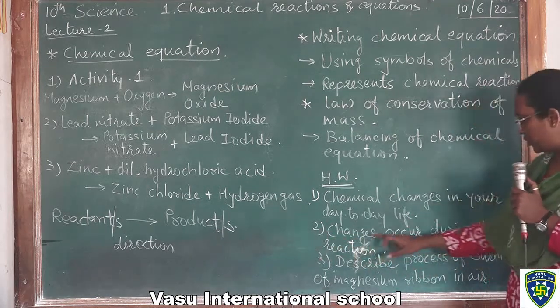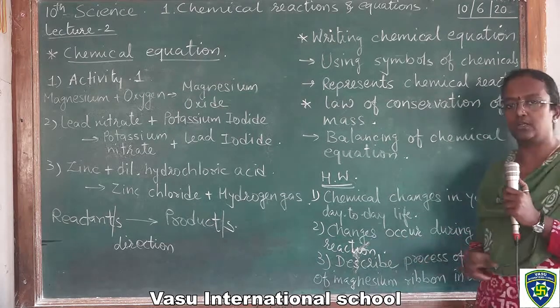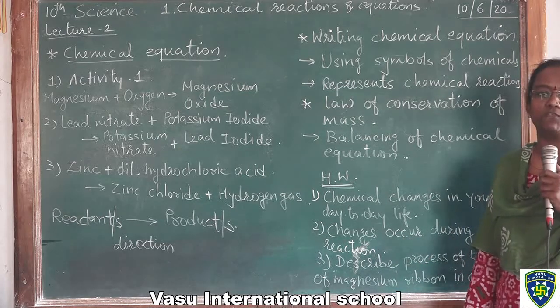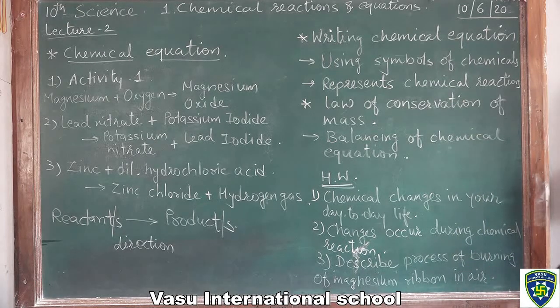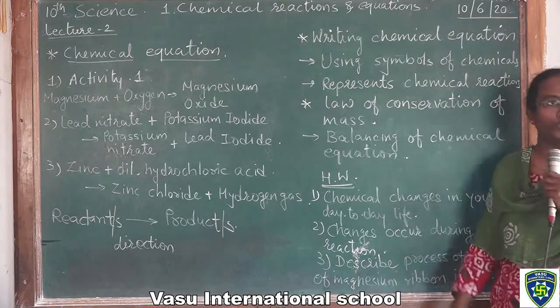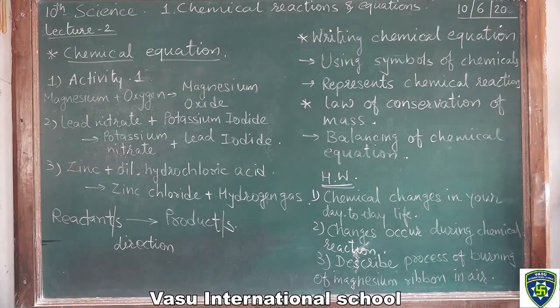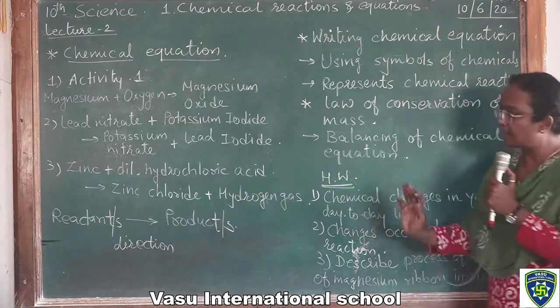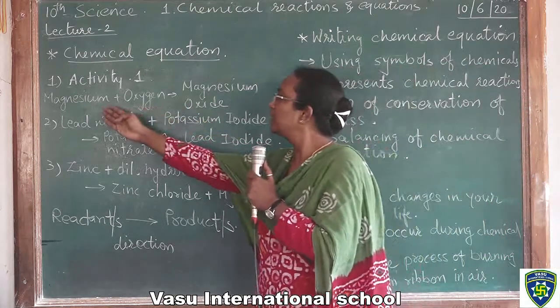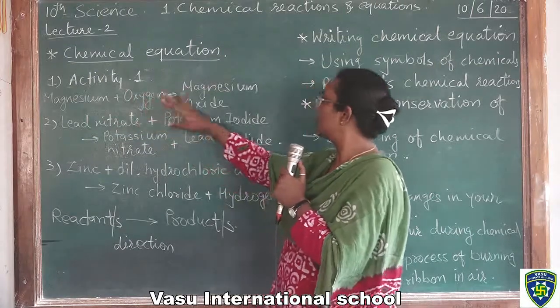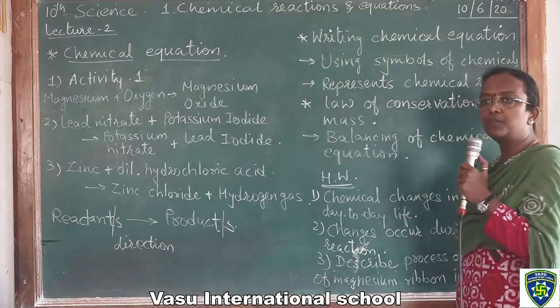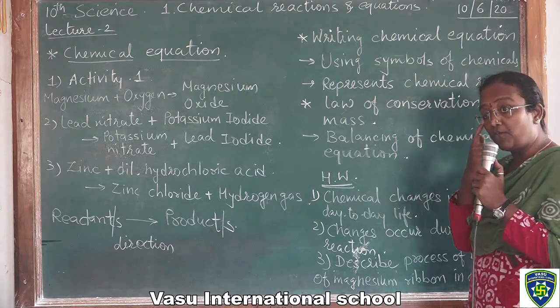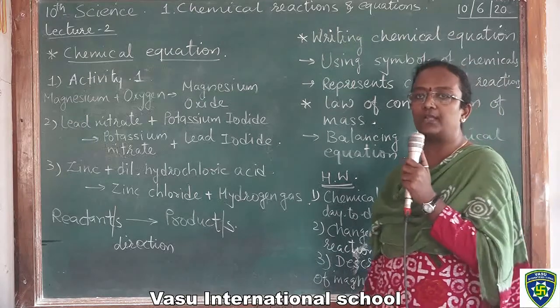The second question is changes that occur during a chemical reaction. Yesterday I explained that whenever any chemical reaction takes place, the changes that occur are change in state, change in color, evolution of gas, and change in temperature. Just like when magnesium plus oxygen combine and give magnesium oxide, the magnesium ribbon is in solid form, whereas the magnesium oxide is in powdery form.